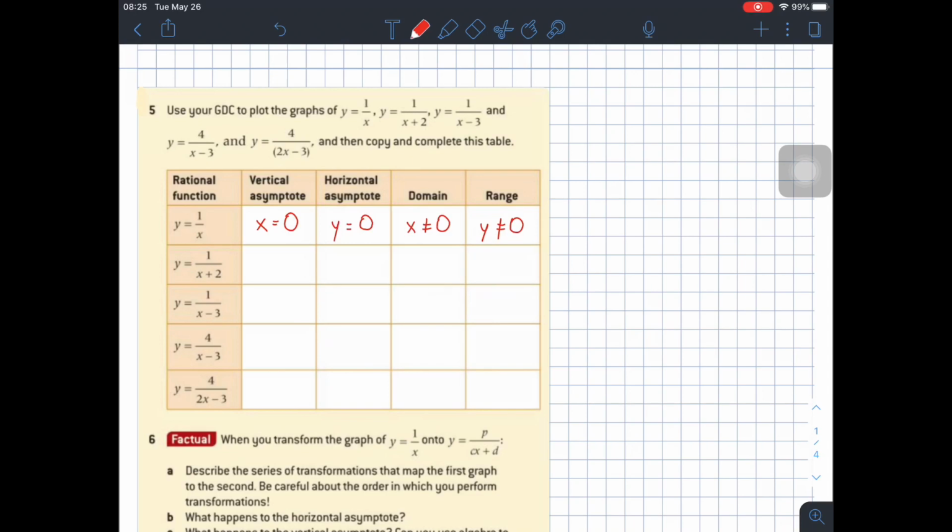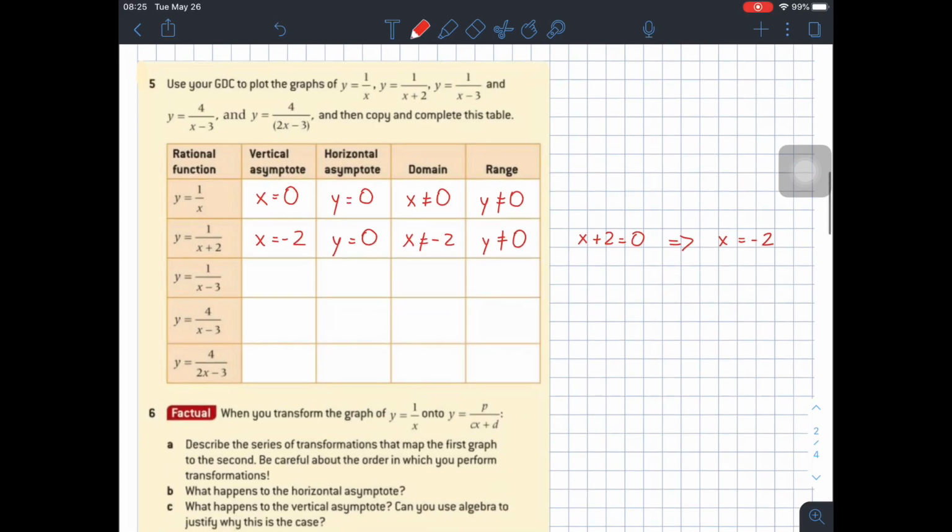If we set x plus 2 equal to 0, then we get the vertical asymptote, which is x equals negative 2, right? So x equals negative 2 is the vertical asymptote, while the horizontal asymptote remains the same because there is no vertical shift, right? So y equals 0, and the domain is x different from negative 2, and y different from 0 is the range.